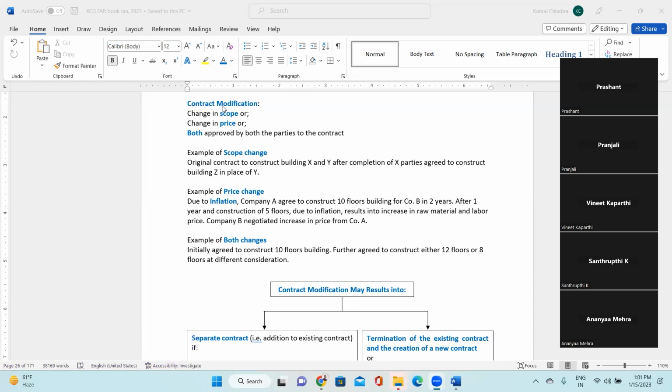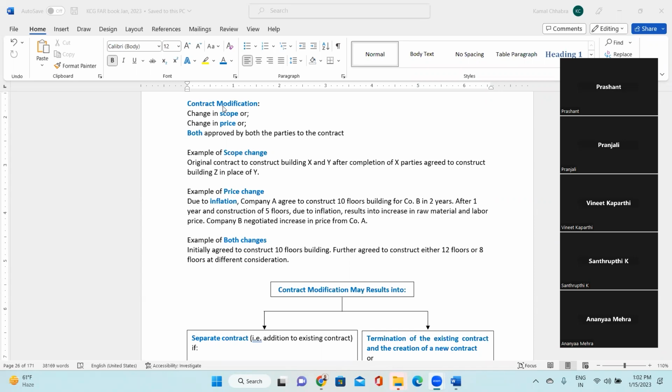There might also be a possibility that when there is a change in scope, that is also considered a modification. For example, you entered into a contract with me to supply 50 Lenovo laptops of a given configuration, and I need those 50 laptops by tomorrow because my new staff is joining tomorrow morning. At the time of the contract, you said yes, I will deliver, and I have paid the advance to you.